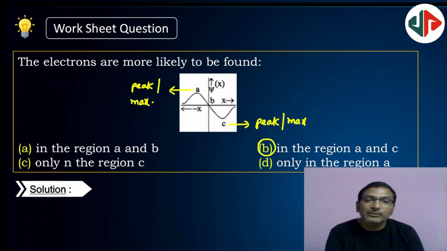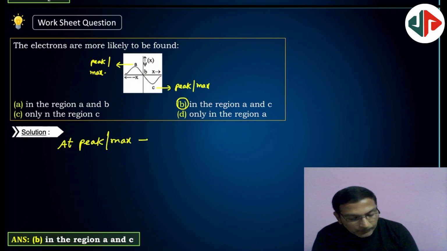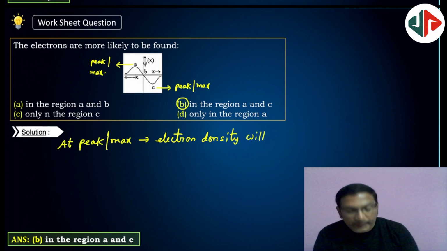Therefore, we can find the position of the electron at A and C to the maximum extent. We will add here: at peak or maximum, electron density will be maximum.